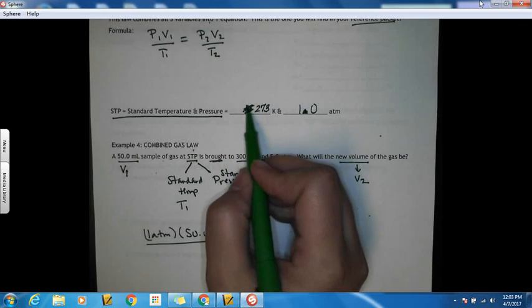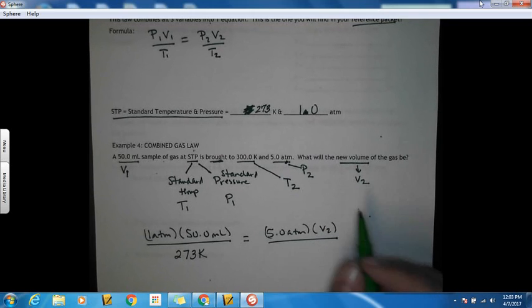Sorry, standard temperature. You're probably saying, that's not what my reference packet said. 273 Kelvin. And so we get 273 Kelvin here, and that's equal to our new pressure, which is 5 atm, times our new volume, V2, divided by T2, which is 300 Kelvin.